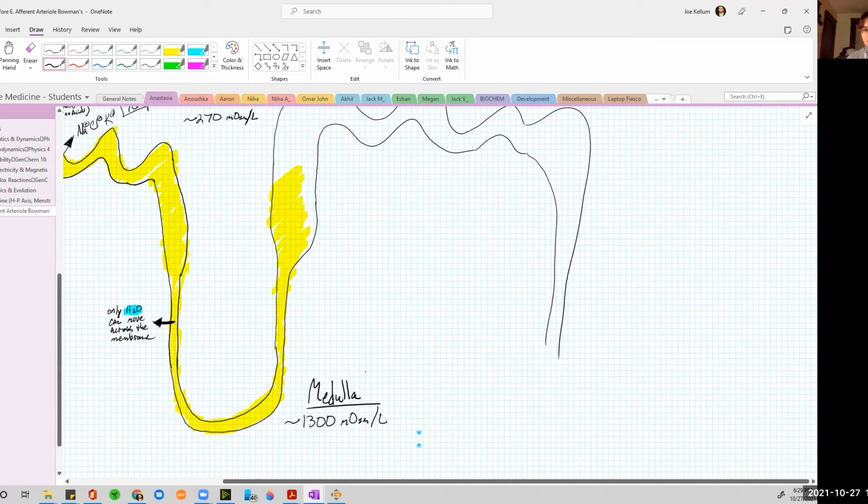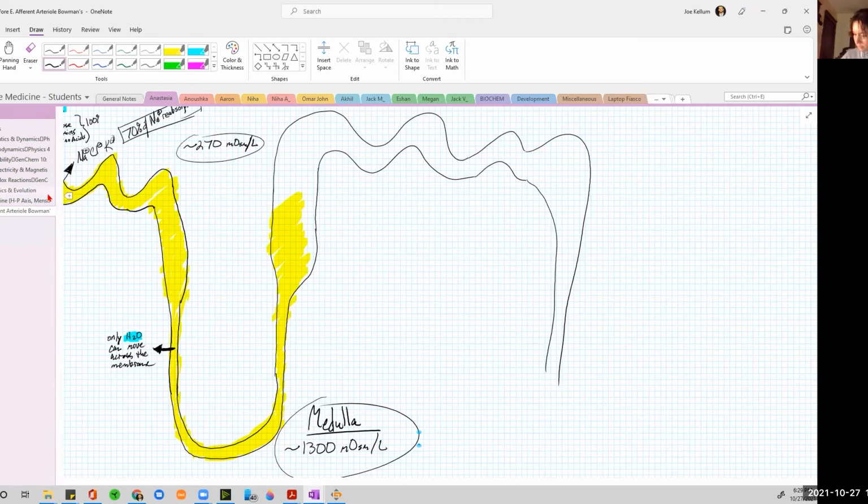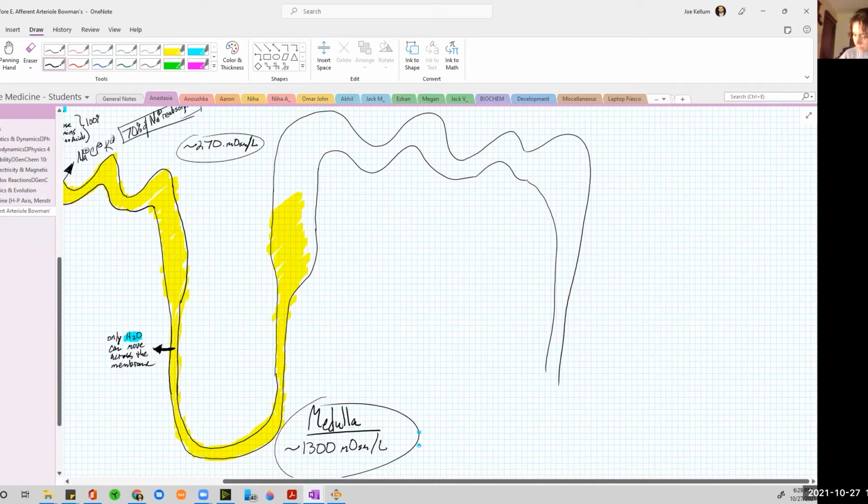That makes sense. And so up here, this 270 milliosmoles per liter is about the same as human blood. Since that's where all this tubular fluid came from to begin with, it makes sense that water would be like 50-50 at this point, part in, part out, maybe at an equilibrium.